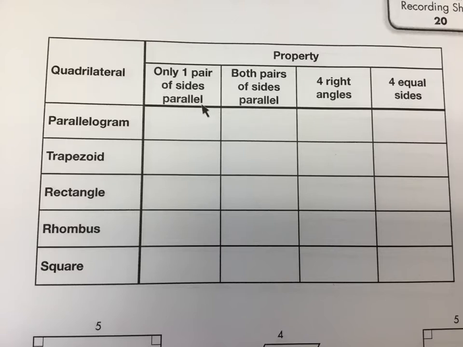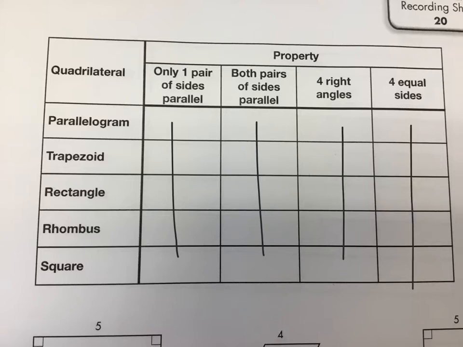Remember, parallel means lines that run one direction and never ever touch. We have these lines that will all run parallel to each other, but on our paper we have sets of parallel lines.